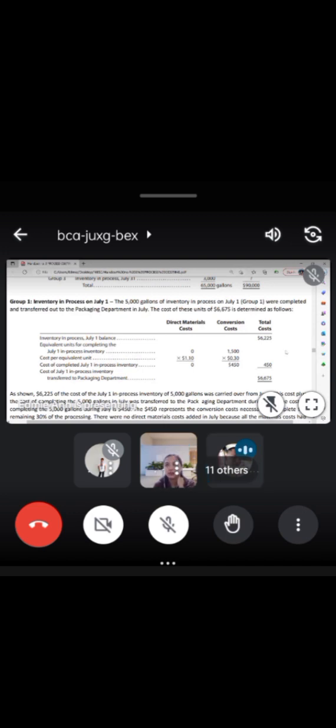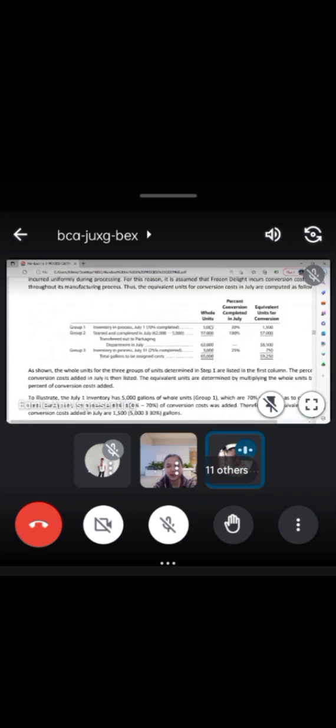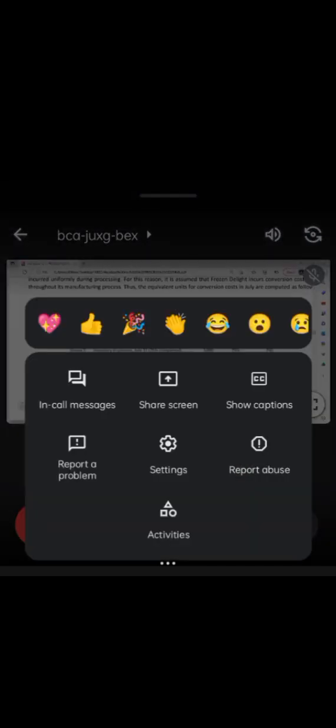Okay, guys, focus on the beginning balance. The beginning balance is 5,000. What is its EUP for materials?